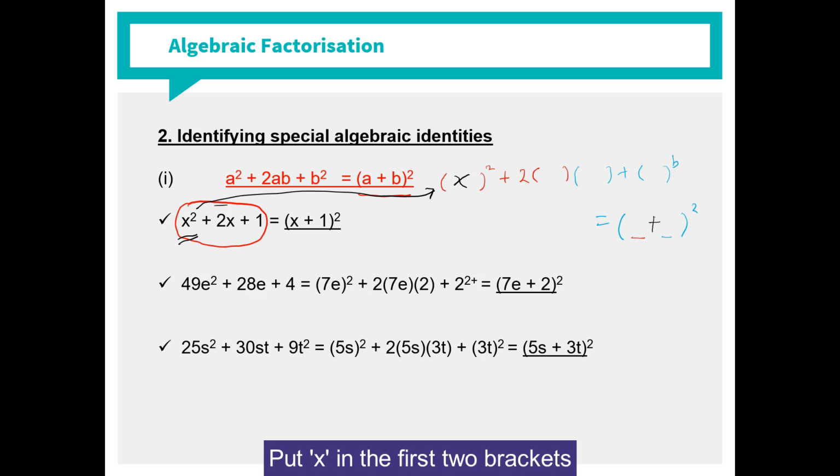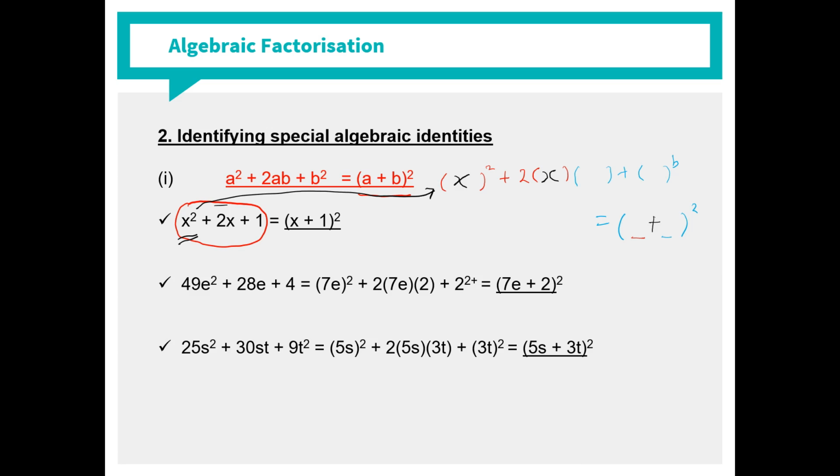So if you put x over here, you need to put x over here as well. Then let's see who is the b square. If your b square equals 1, your b will be equal to 1 as well. Good.